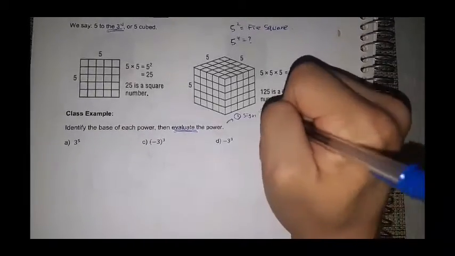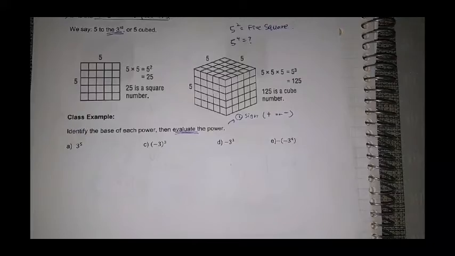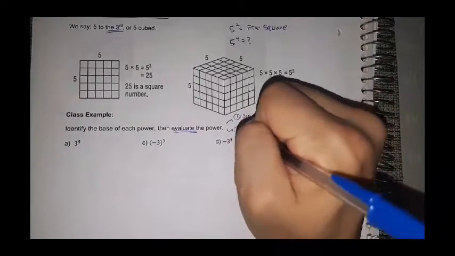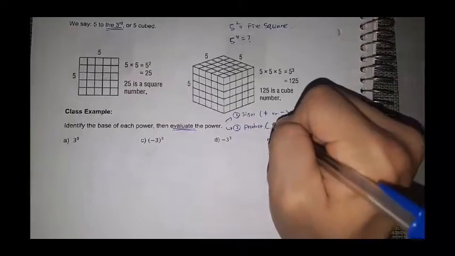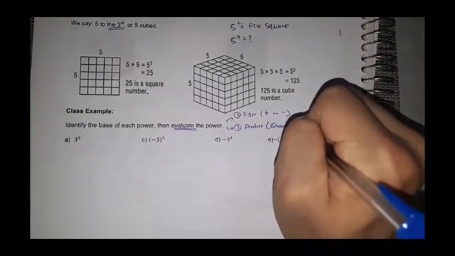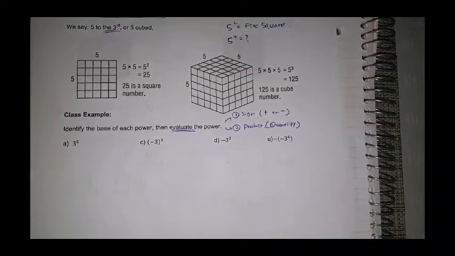And when I say sign, is it a positive answer or a negative answer? And number 2, your product. That is basically a fancy way of saying your quantity. So how much in total?